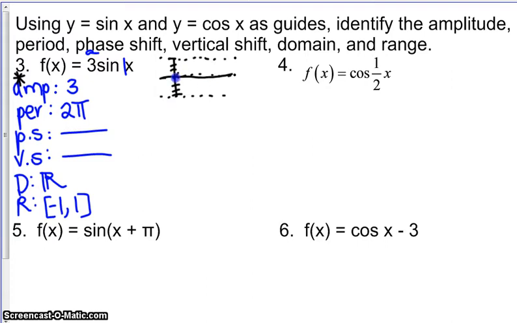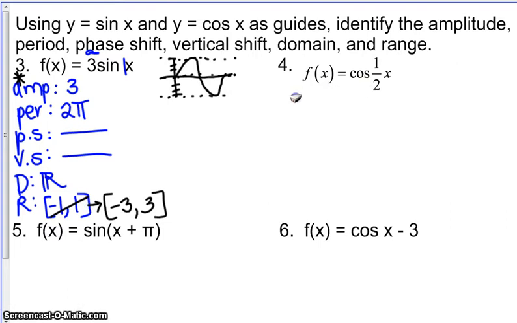So when I graph this sine function, it's going to be taller than normal. So instead of being from -1 to +1, our range is going to be from -3 to +3. A way you can think through that without looking at it visually is to multiply by the amplitude. If we took our original range and multiplied by 3, that would give us our new range.